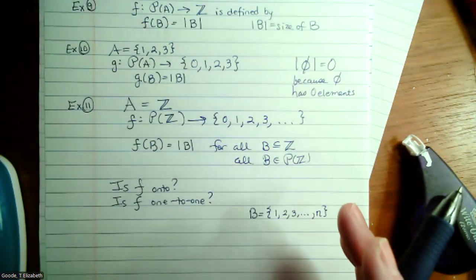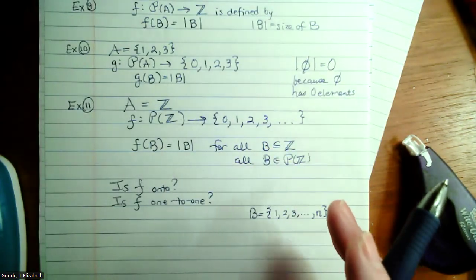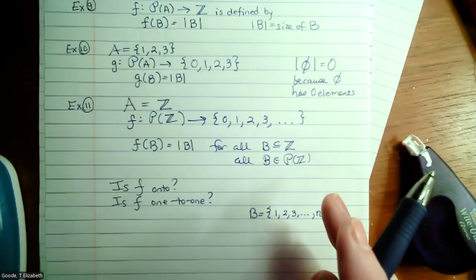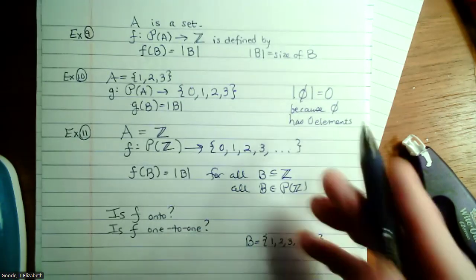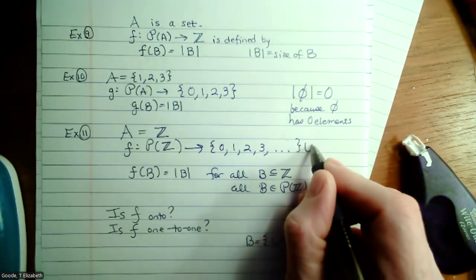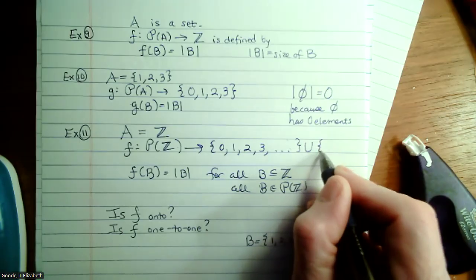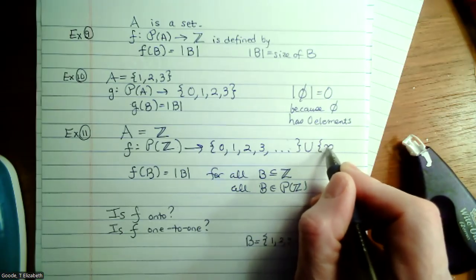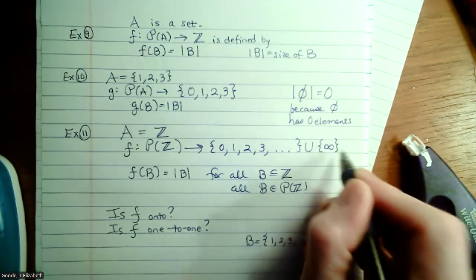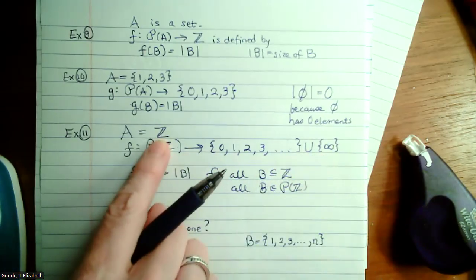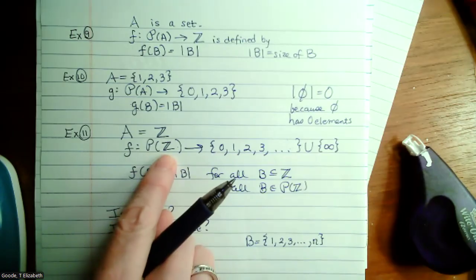Oh, wait a minute. Is this a well-defined function? Here we're going to have to have another option, because if you're looking at the subset of Z, that's an infinite subset, like all the evens is a subset of Z, right?